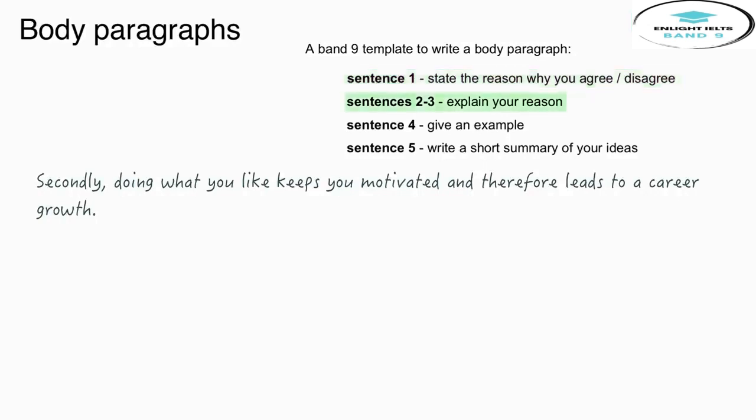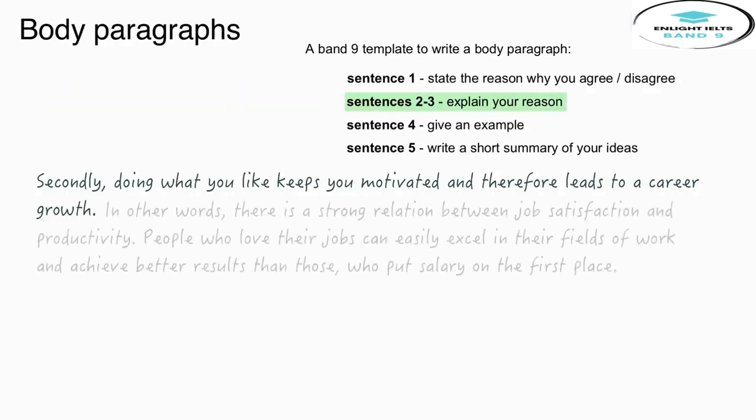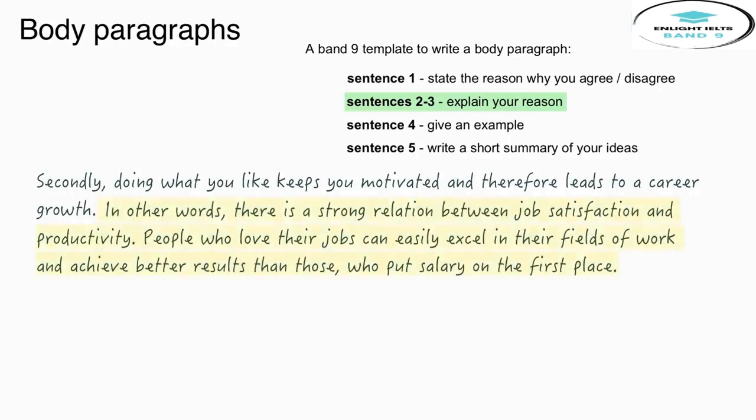Now we have to explain that reason in sentences 2 and 3. Again, to make it easier, we'll assume that the examiner does not understand our topic at all. Here are my sentences 2 and 3. In other words, there is a strong relation between job satisfaction and productivity.